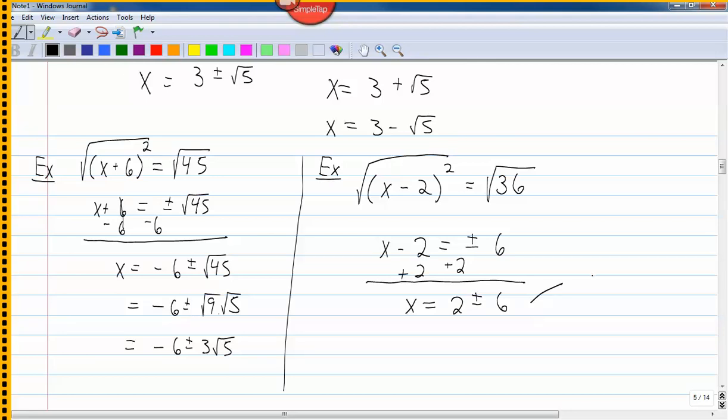So that's going to be 2 plus 6 and 2 minus 6. That's what plus or minus means. So 2 plus 6 is 8. 2 minus 6 is negative 4. So my two answers would be negative 4 and 8. That's my solution set, negative 4 and 8. Again, that's going to happen if you can take the square root of the number.